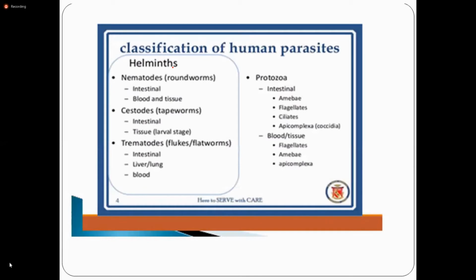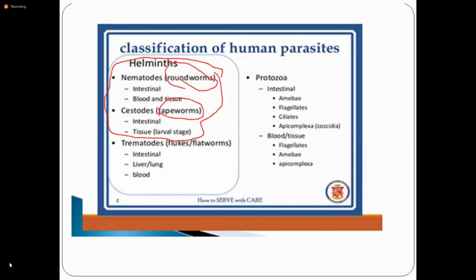The helminths we are discussing today are in two groups: nematodes and cestodes. Nematodes are also known as roundworms, and cestodes are known as tapeworms, or, because they are plate-like, platyhelminths, or flat worms.